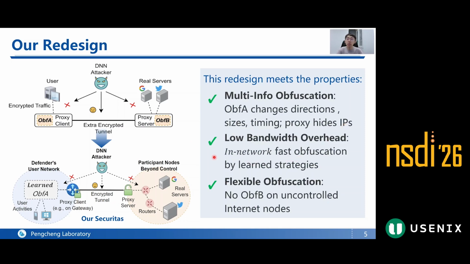Second, we implement OBF-A as an in-network obfuscation for fast network traffic processing, and the processing is guided by a strategy learned from a trained neural agent so as to optimize the bandwidth overhead.